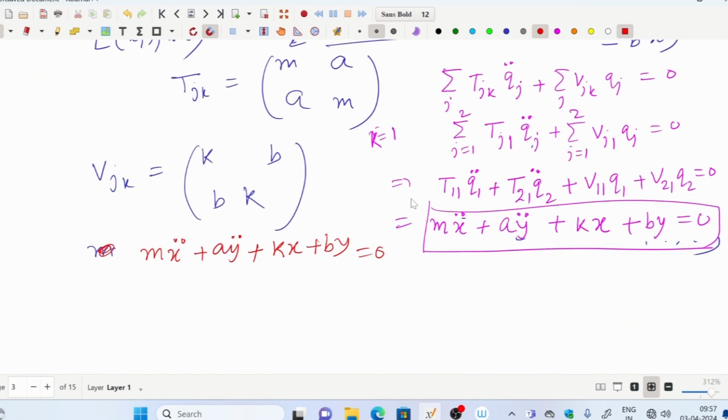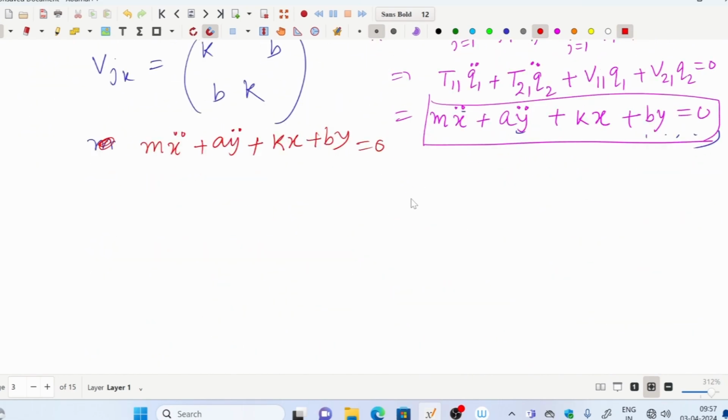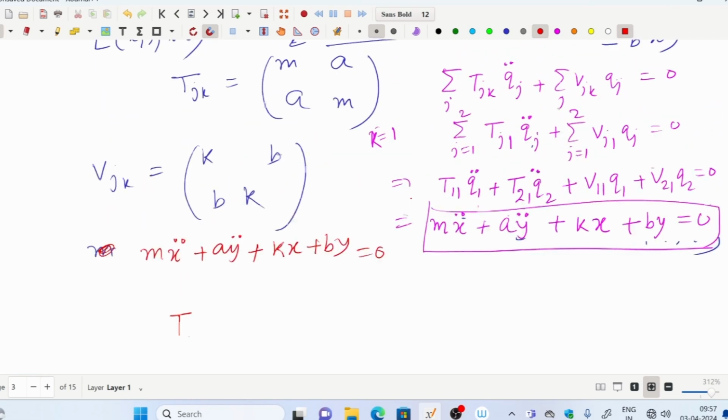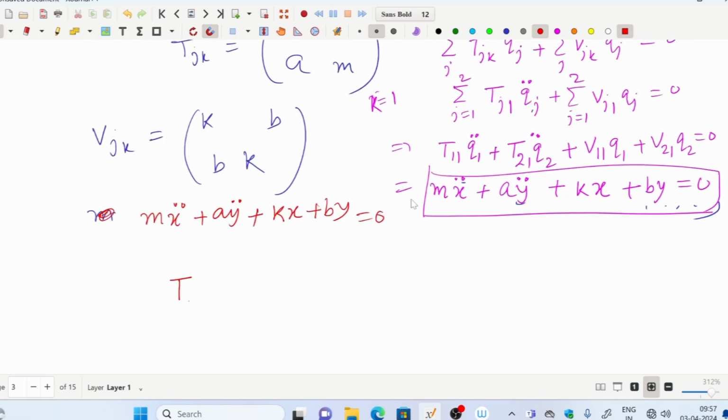Let me write equation 3 here again: sum over j T j k q j double dot plus sum over j V j k q j equal to 0. So, this is equation 3.